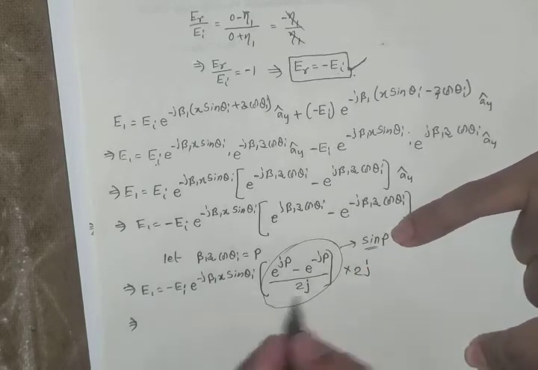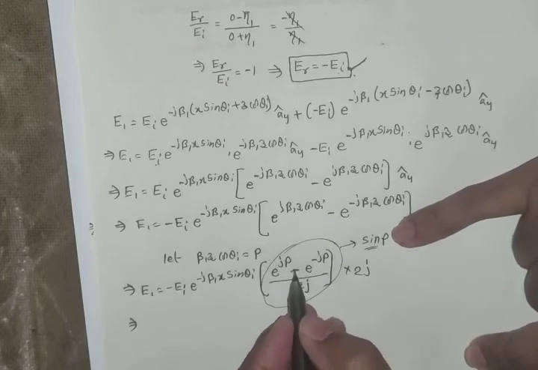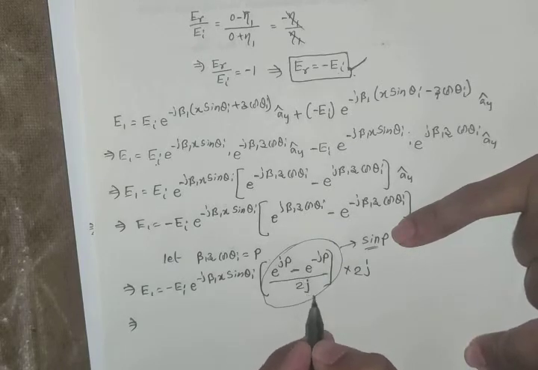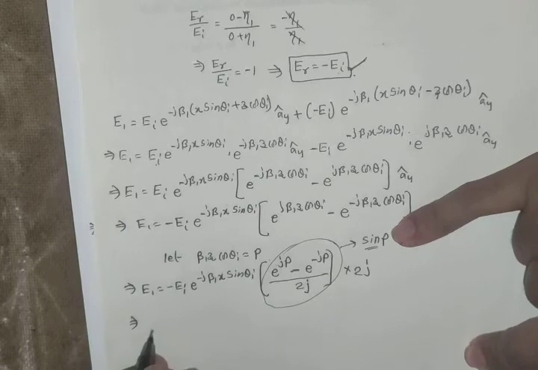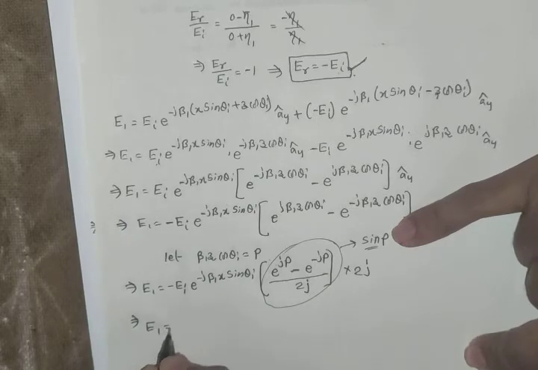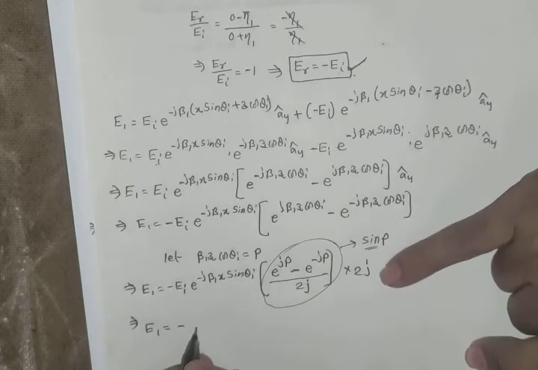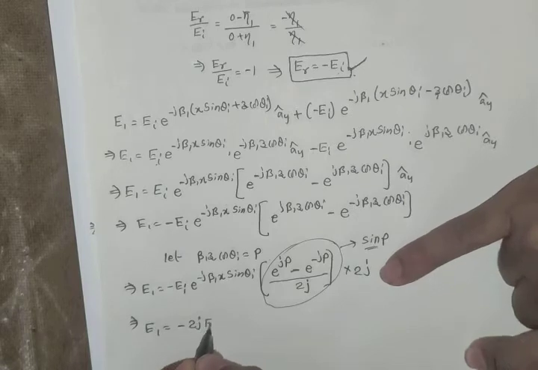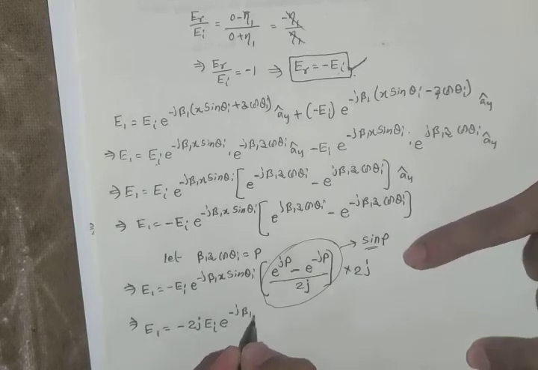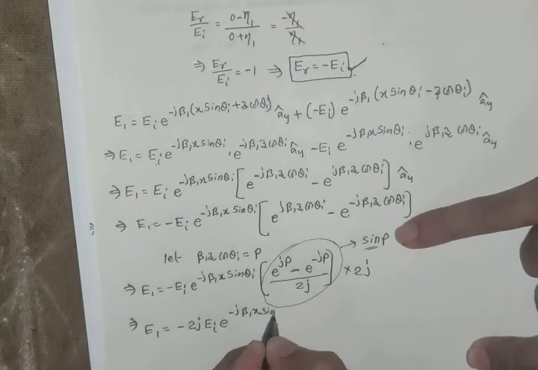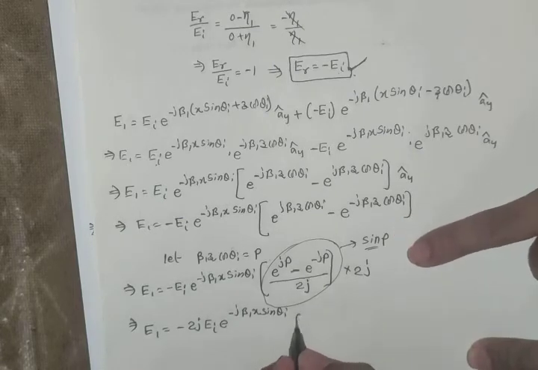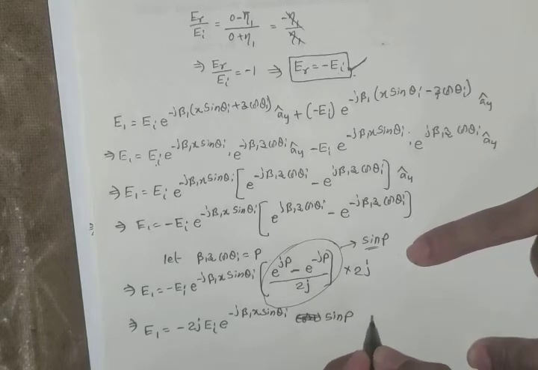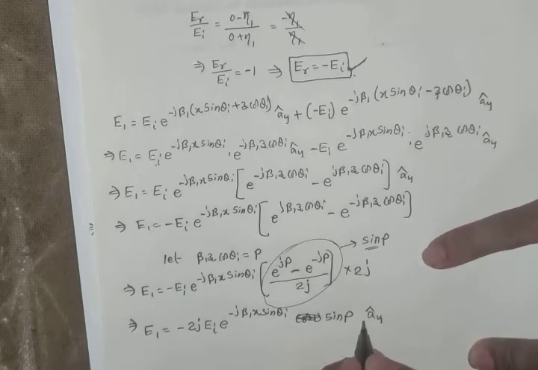If it is cos p, then minus should be replaced by plus, and there is no j value. So now this simplification becomes E1 equal to minus 2j Ei into e to the power of minus j beta 1x sin theta I into sin p, with direction a y cap.